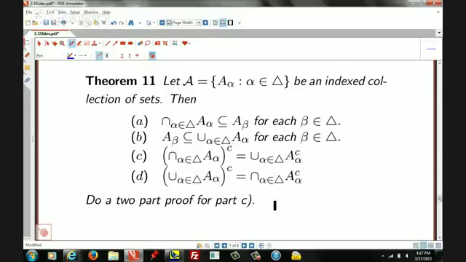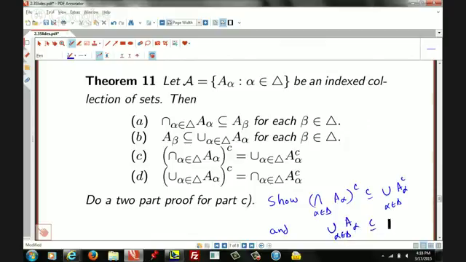So that would be to show the complement of the intersection over alpha in triangle A of A sub alpha is a subset of the union over alpha in triangle A of the complement of A sub alpha. And then go the other direction. That would be the two-part.